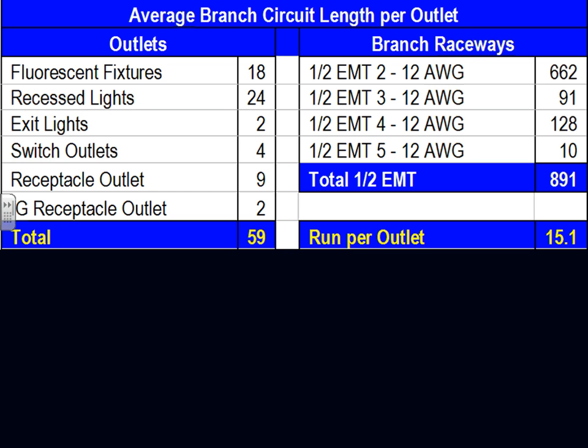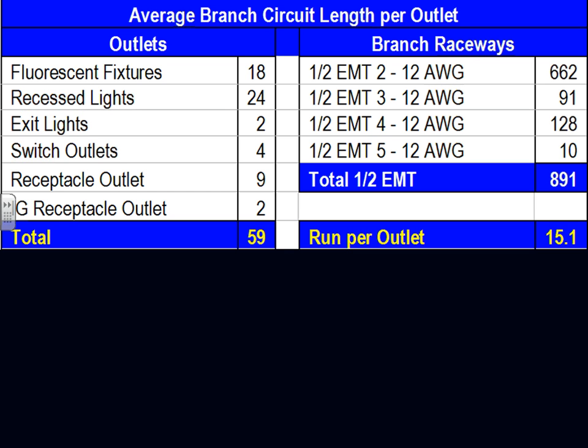All these are conduits. Remember, we're taking only branch circuits. We don't care how many conductors are inside them. The length of all these branch circuits to feed all this equipment is 891 feet of 1/2 inch EMT conduit to feed all these lights, receptacles and exit signs. Then you take the 891 feet and divide by 59, which gets you 15.1.